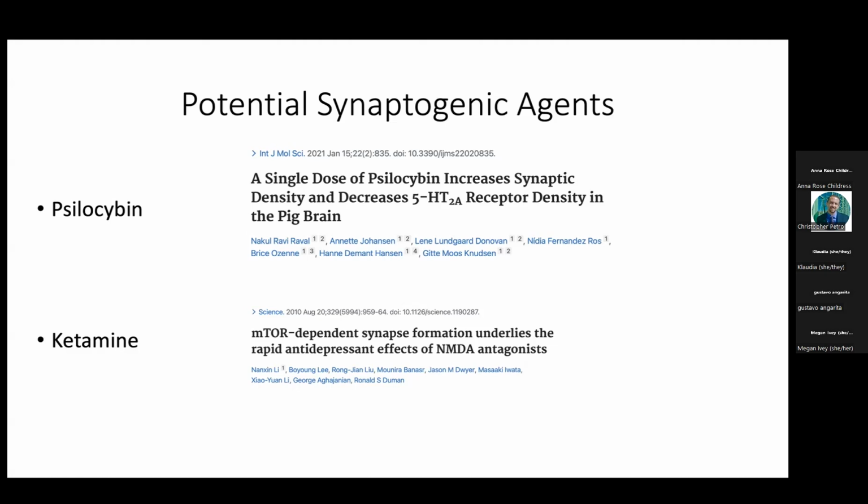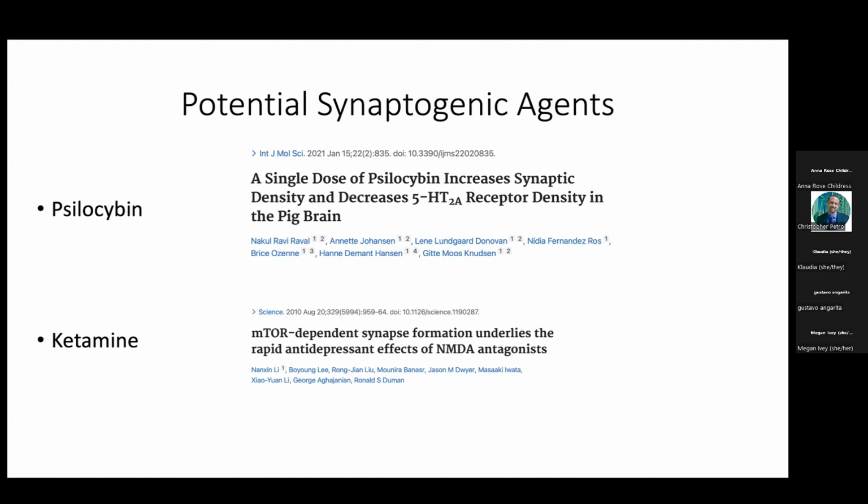In a subgroup with the lowest synaptic density at baseline, they had a baseline scan, a ketamine infusion, and then another scan 24 hours later, and they saw ketamine increase synaptic density. We know that ketamine can do that preclinically.